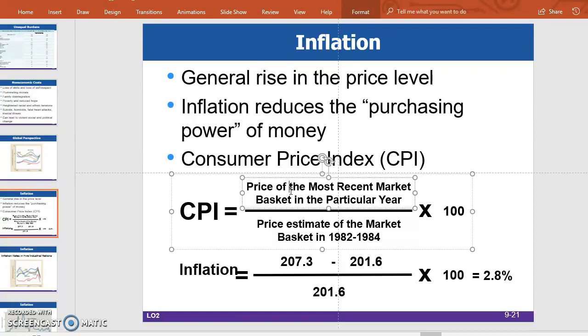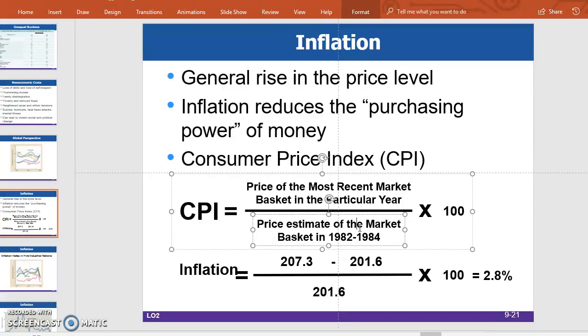So the CPI is the price of the most recent market basket in the particular year, the year for which we are calculating CPI, and then the cost of the same market basket in the base year, which is 1982-1984.